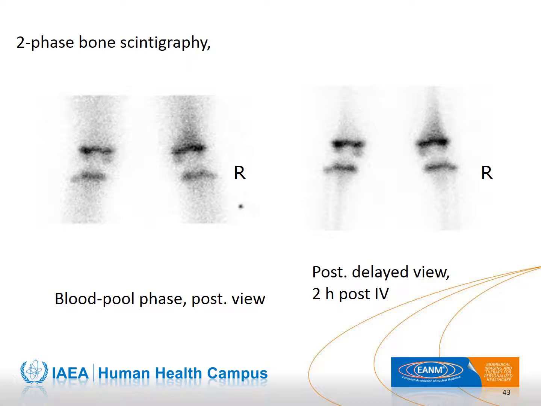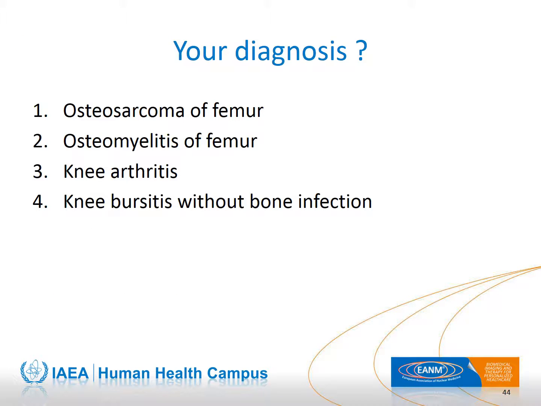Here are the results of two-phase bone scintigraphy with the blood pool image and the delayed image. What's your diagnosis? Four proposals. Make your choice.